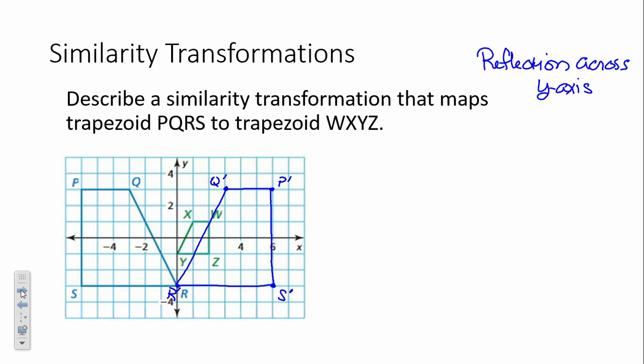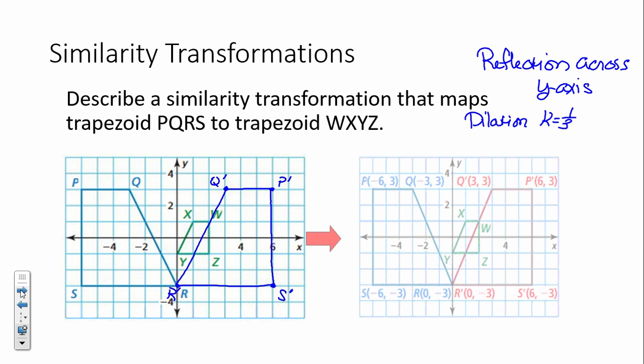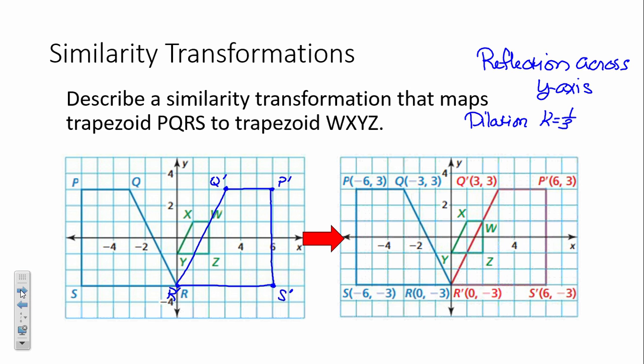WZ was 2, and 1/3 of 6, P prime S prime, is 2. Okay, so our K is 1/3. So then we just say it's a dilation, and K is 1/3. Make sense? Questions about this one? Okay.